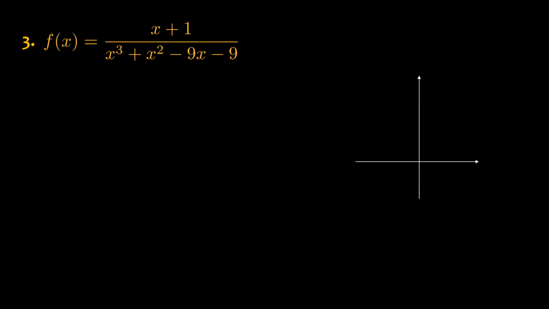Number 3. f of x equals x plus 1 all over quantity x cubed plus x squared minus 9x minus 9. Solution.